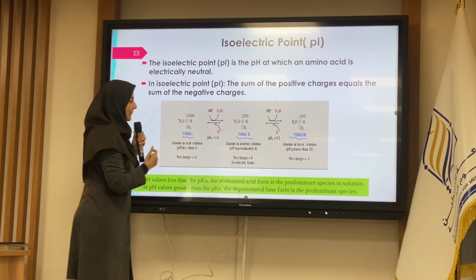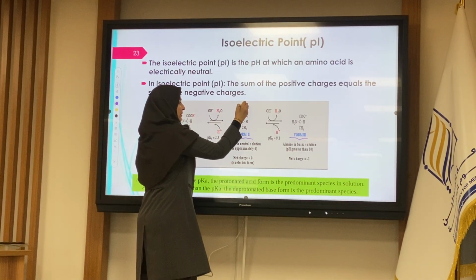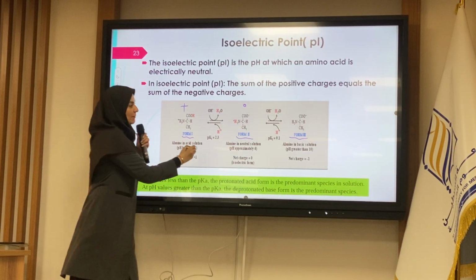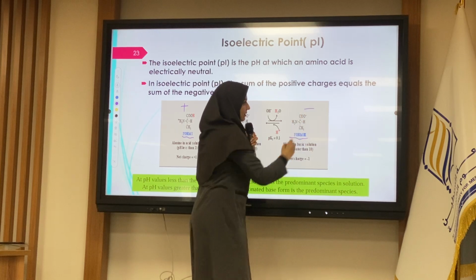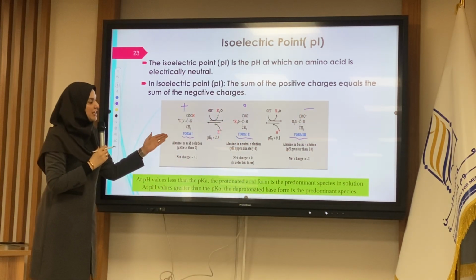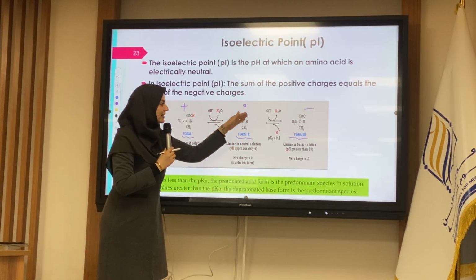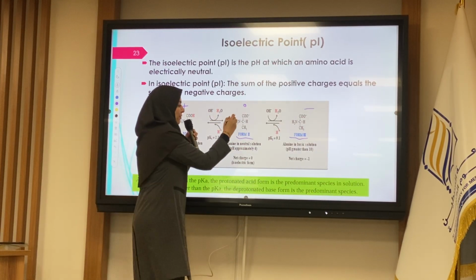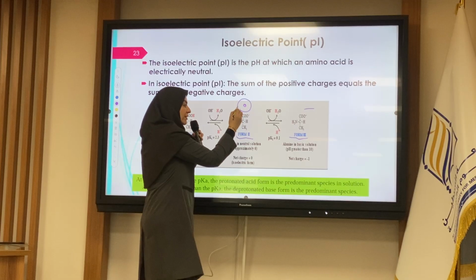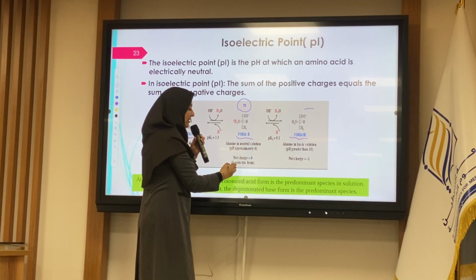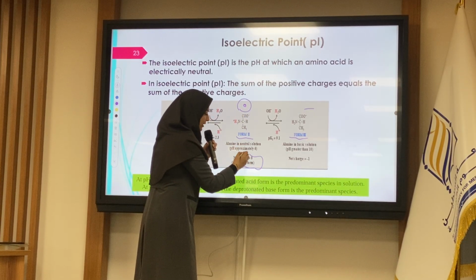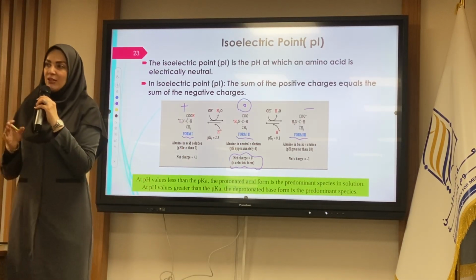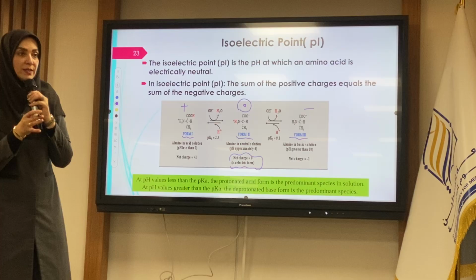Because it doesn't carry a charge. What is the net charge here? What about the net charge here? What about this one? Whenever you calculate the net charge of your molecule and it is 0, it is considered a Zwitter ion, which also means you have an isoelectric form. Isoelectric form is another name for Zwitter ion.